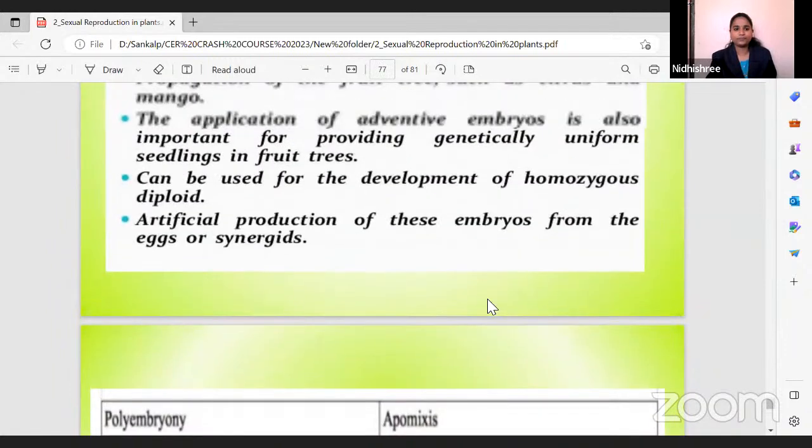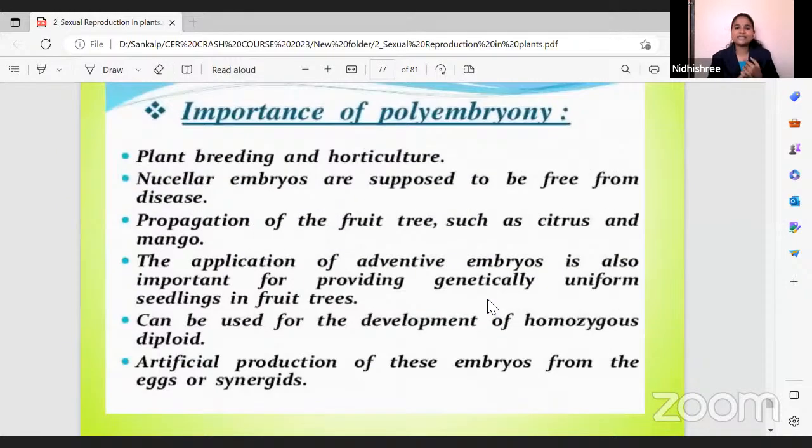The importance of polyembryony is that it is used in horticulture. Nucellar embryos are supposed to be free from diseases. We solved one question on this. It is used for propagation of fruit trees such as citrus and mango. In citrus we have lemon, orange, mosambi; all these are citrus fruits.